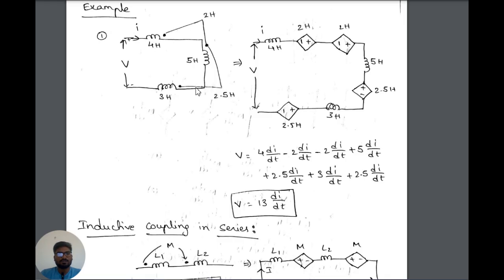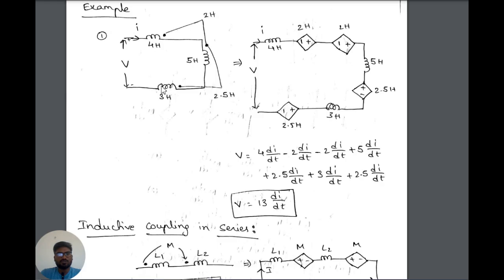As linking with the 3 Henry, the current is entering in this dot. So the current is entering here. So the point on the 5 Henry is positively assigned. So top is positively assigned, bottom is negatively given. That is 2.5 Henry.